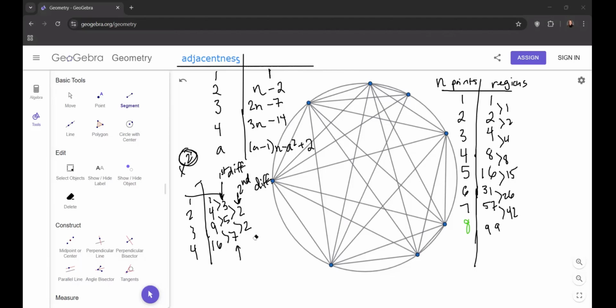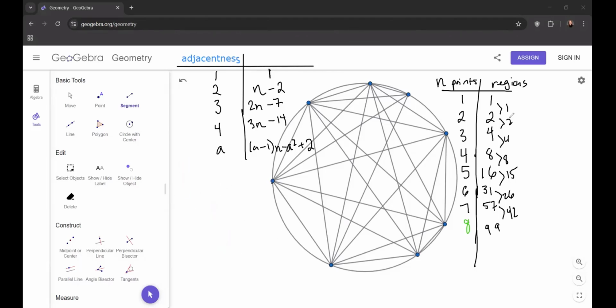Figuring out what difference we end up getting a constant can tell us what degree polynomial will model this. So if I keep going here, this right here is not linear yet because it's not increasing by the same amount every time.